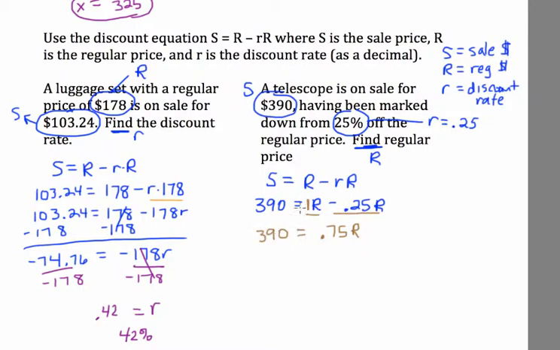Again, what I did there is just combine my like terms. Then my last step is to undo what's been done to the R. To undo multiplying by 0.75, I divide by 0.75 on both sides. Again, use a calculator. 390 divided by 0.75 is 520. So the regular price of my telescope was $520.